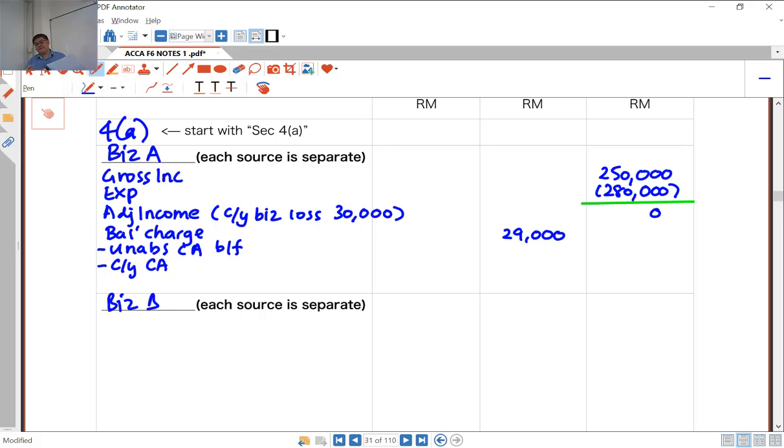Usually very simple, straightforward short forms, we don't mind. Like if you put balancing charge, you write BAL, usually it's okay, because when we mark the answer, we don't penalize you because of that. Adjusted income, you write ADJ, usually fine, because we know what you're trying to say. But of course, I don't encourage lots of short forms.